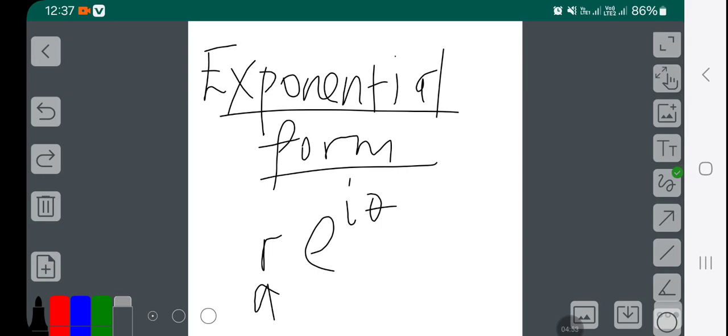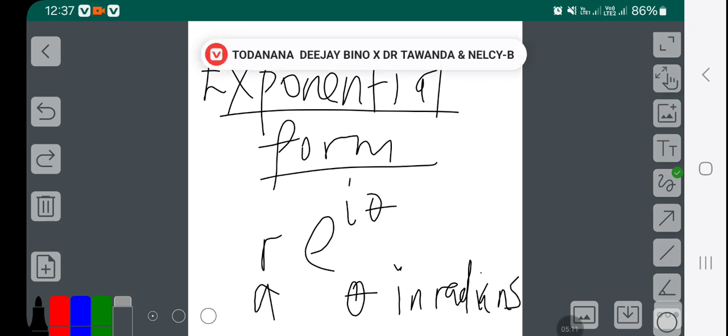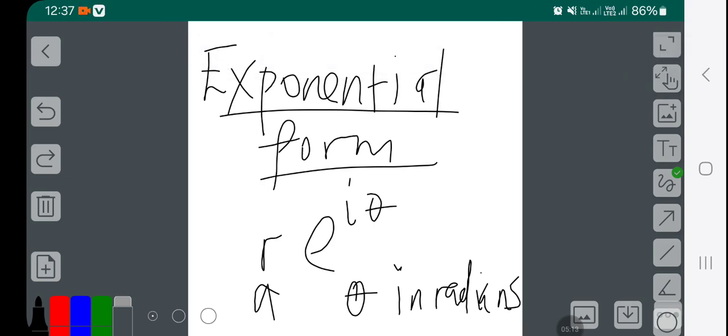Then that theta is going to be your argument, and which is very important here, that theta must be in radians. When you are dealing with this exponential form, your theta must be in radians. So here is your formula. You must know how to convert from rectangular form to exponential form.